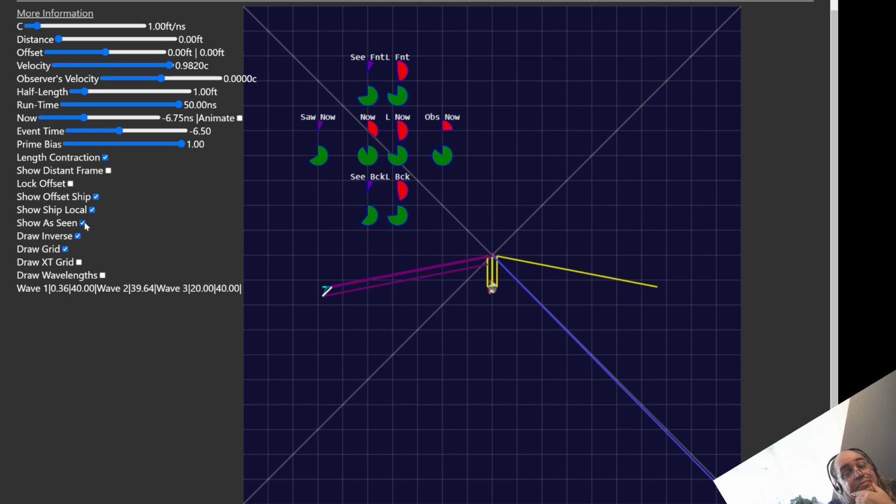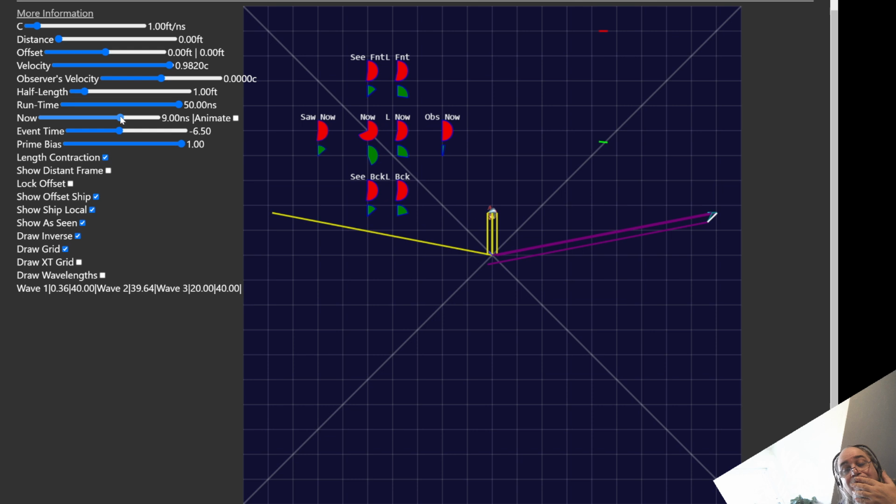I mean, this is where it sees it, because it's translated a long time back in time. But this is where it knows it is, because similar to it knows its position is here, and it knows its own clock is here.